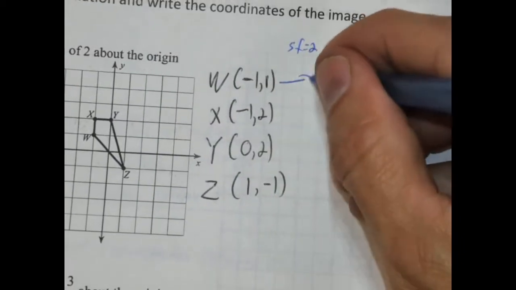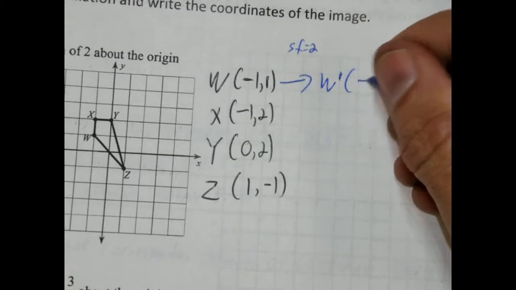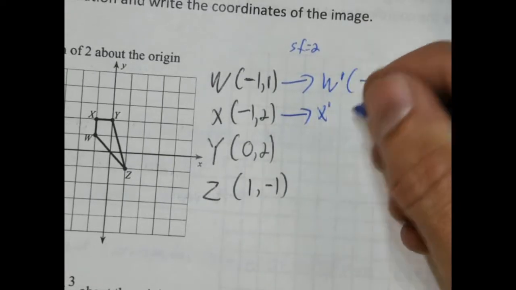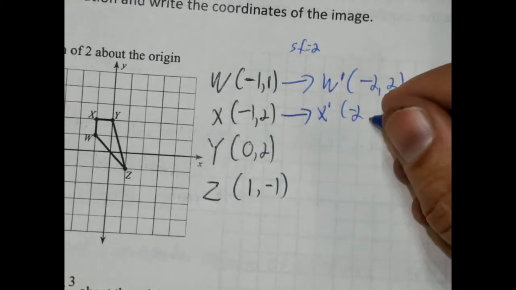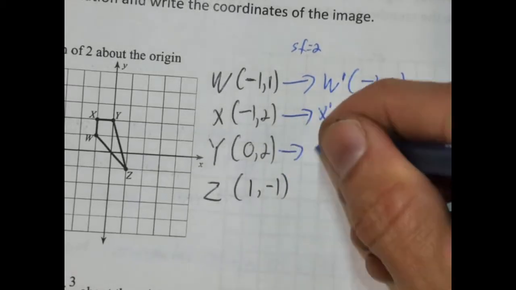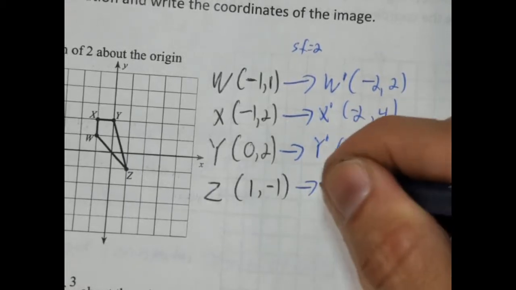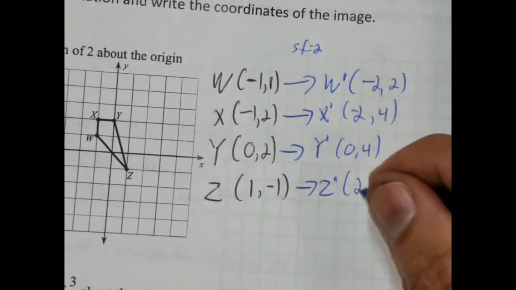So we're going to say W prime is negative 2, 2. X prime is going to be negative 2, 4. And Y prime is going to be 0, 4. And Z prime is going to be 2, negative 2.